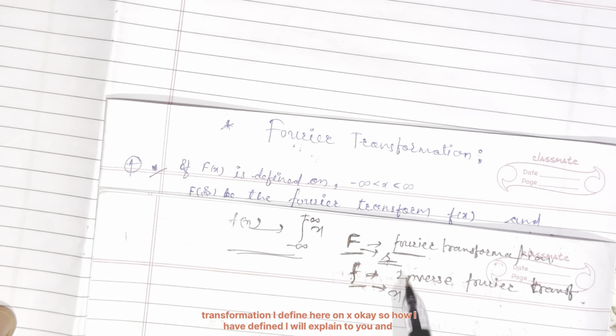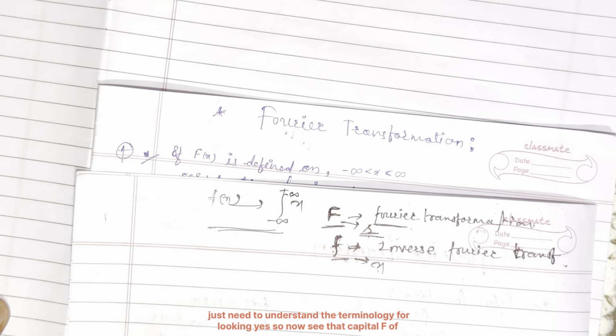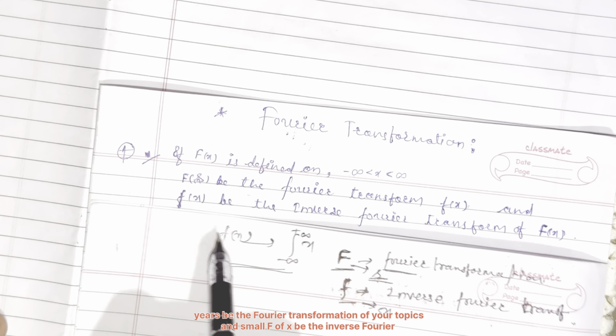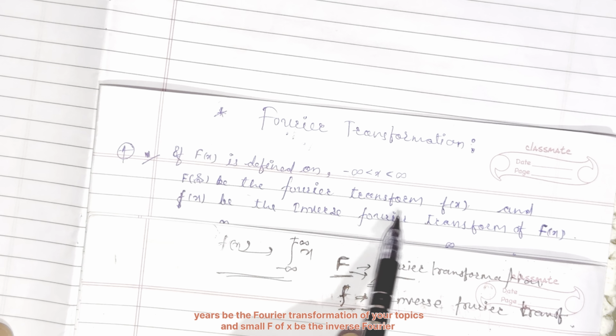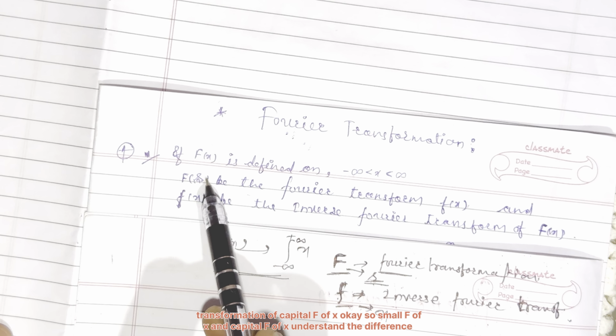We just need to understand the terminology first. So capital F of s is the Fourier transformation of f of x, and small f of x is the inverse Fourier transformation of capital F. Understand the difference between them.